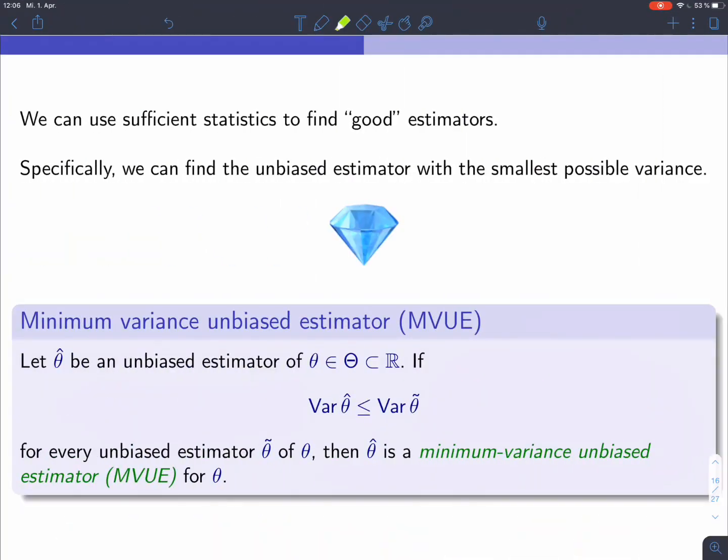So sufficient statistics, we will find, are kind of essential if we want to have good estimators.